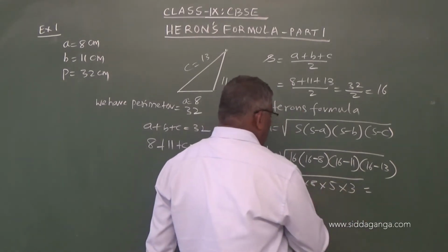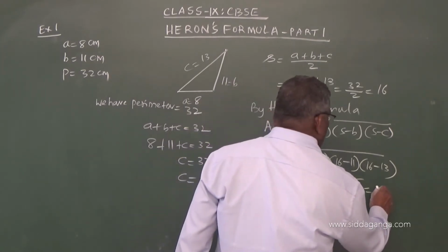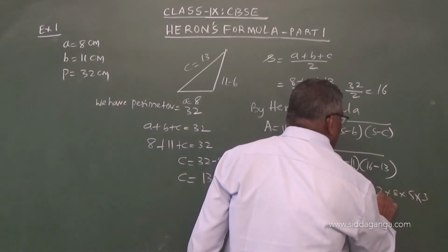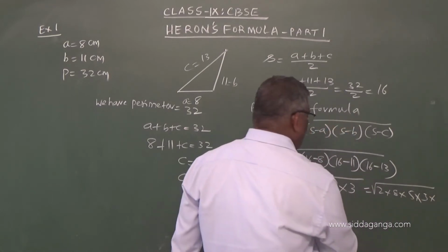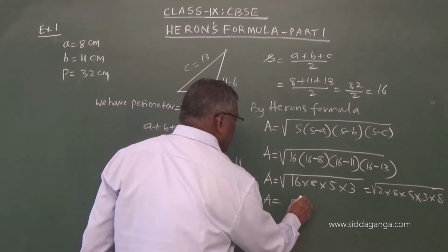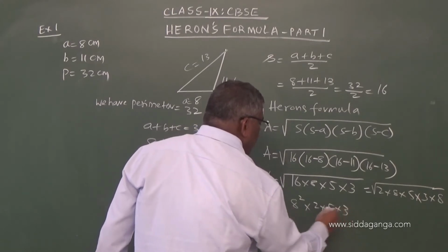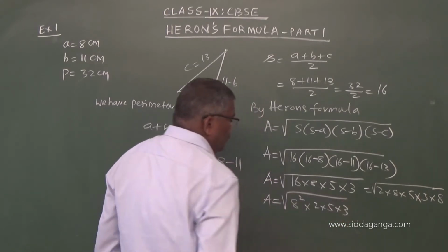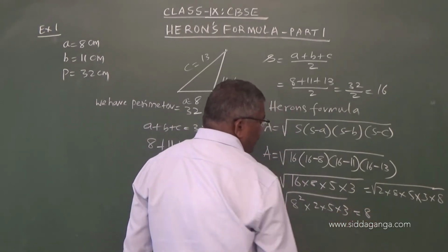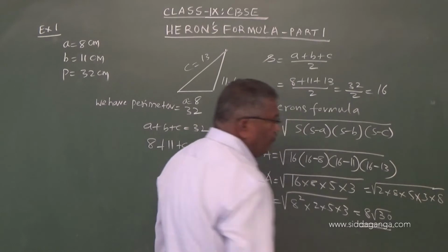You can say this 16 can be written as 2 into 8, that is 2 into 8 into 5 into 3, into one more 8 is already there, so that is 8 square into 2 into 5 into 3. So square root of 8 square is 8, 2 into 5 into 3 is 30. So I will write 8 root 30.